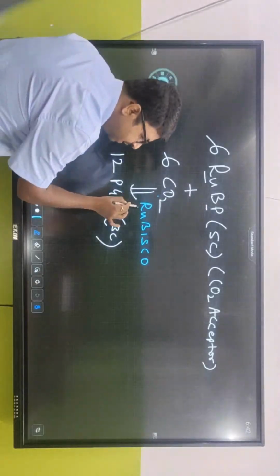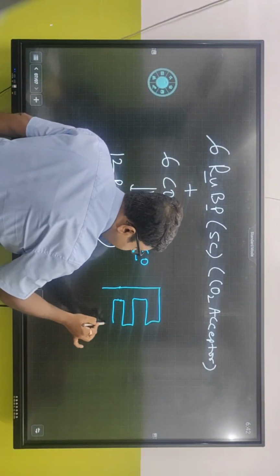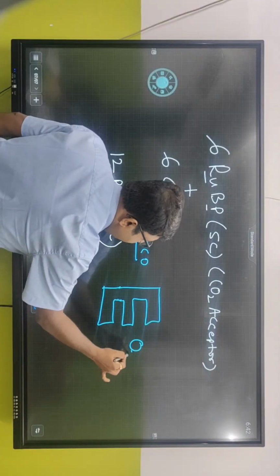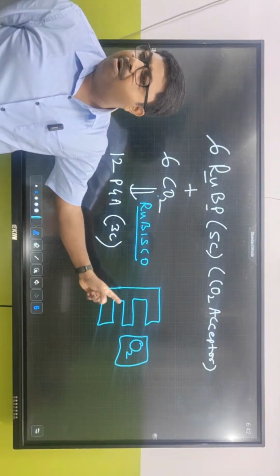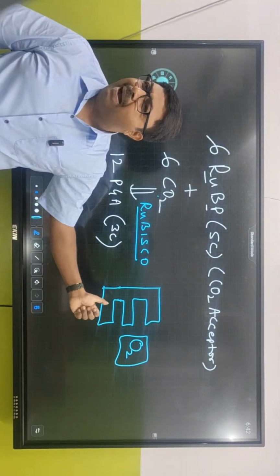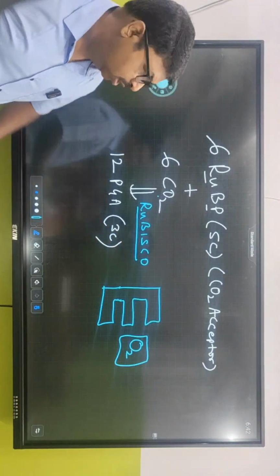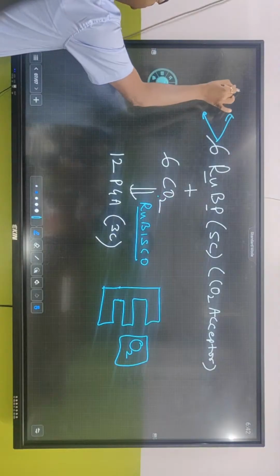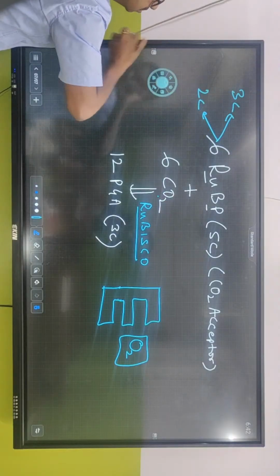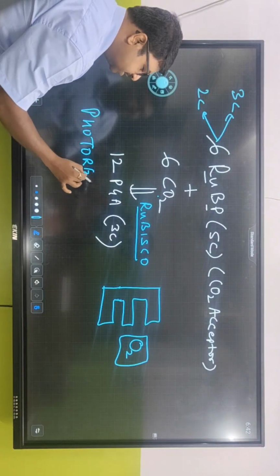Now, if in the active site of this enzyme you give more oxygen, it is going to bind with oxygen and get broken down. So this 5 carbon compound gets broken down into a 3 carbon plus a 2 carbon compound, which is called photorespiration.